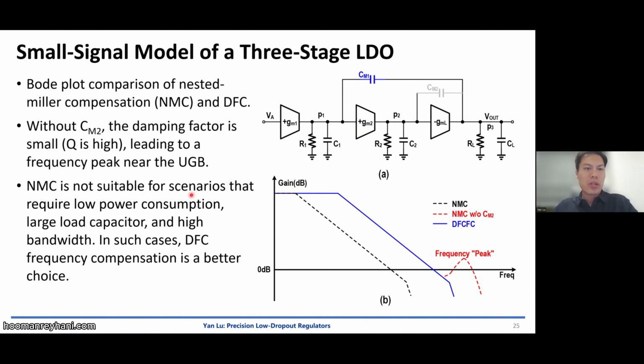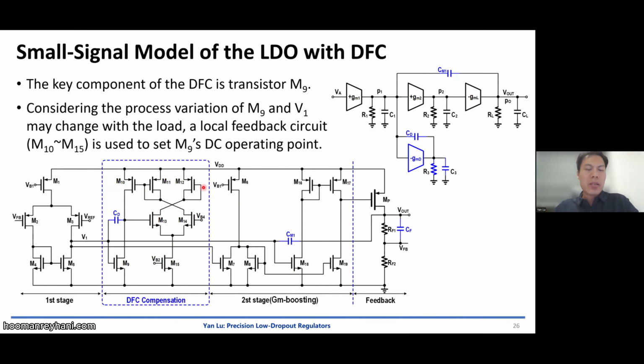So how does it work? We have a circuit shown here. The circuit in the blue box is the damping factor control compensation. It's basically a GM cell, okay? M9 gives us the GM cell, the 1/GM impedance. The CD, the compensation capacitor here, is to short M9 at high frequency.